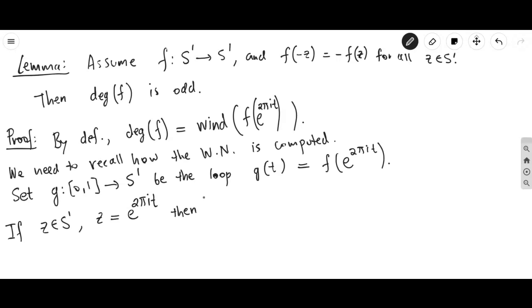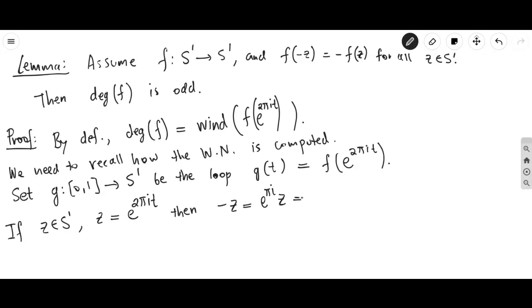for some t between 0 and 1. Then negative z, how do we find negative z? The way we get the negative of a complex number is a rotation by 180 degrees. So we have to multiply by e to the pi i, which is negative 1. You're multiplying by the angle pi, that's the rotation angle.